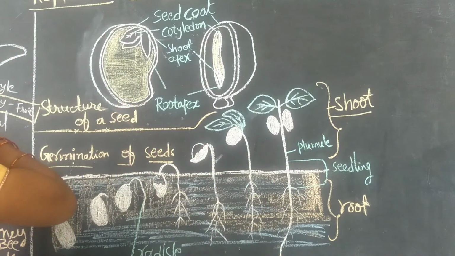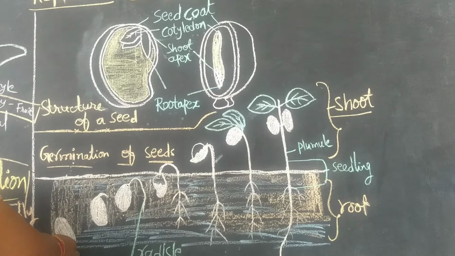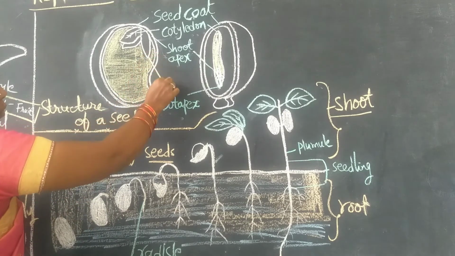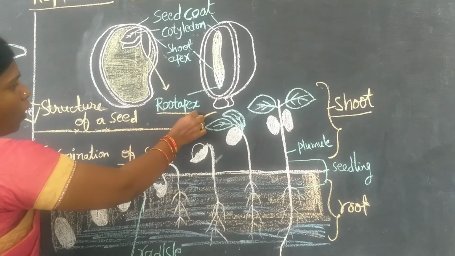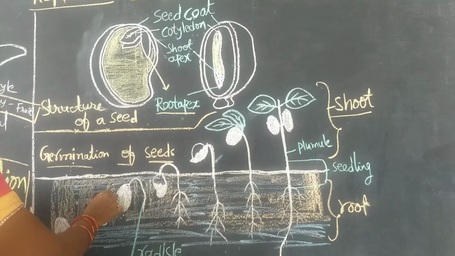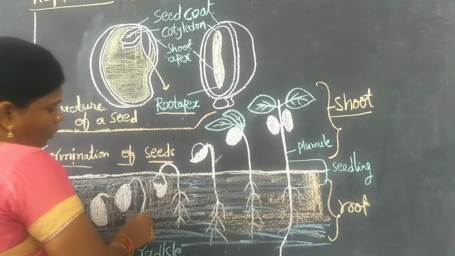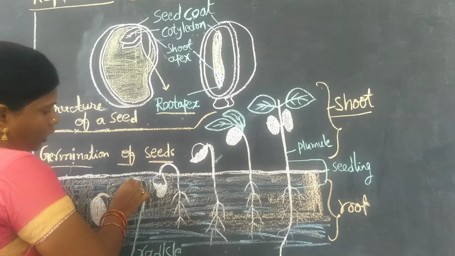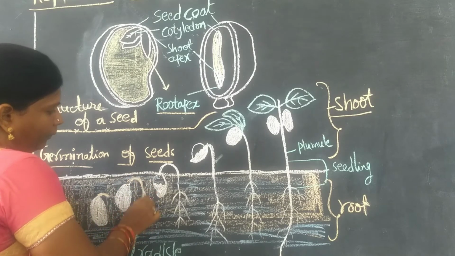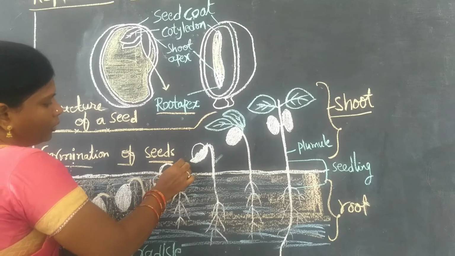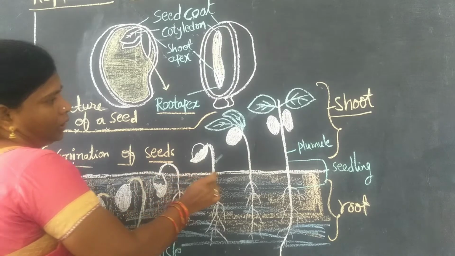Now, when we sow the seed in the soil, slowly it comes, and first we see a small root comes from it, and then some part moves to the ground as root, and some part moves to the shoot.